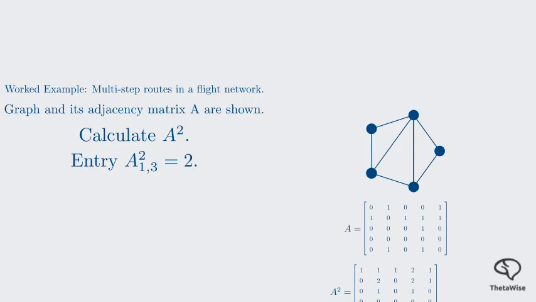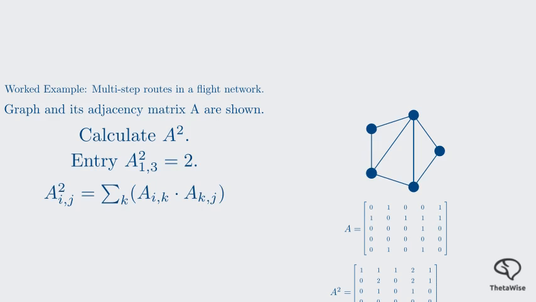Let's take a look at the matrix multiplication that creates this entry. The entry in row i, column j of the product of two matrices is found by taking the dot product of row i of the first matrix and column j of the second matrix. Let's say we're calculating the entry A squared subscript ij. The dot product involves terms like A subscript ik multiplied by A subscript kj.